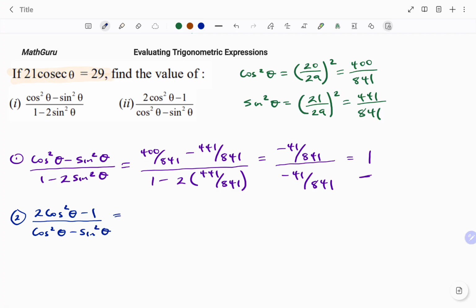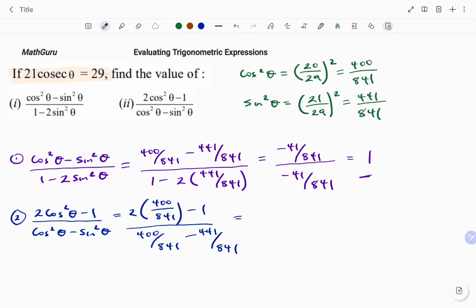That's equal to 2 times cos squared theta, that's 400 divided by 841, close bracket, minus 1, divided by cos squared theta, that's 400 divided by 841, minus sine squared theta, that's 441 divided by 841.